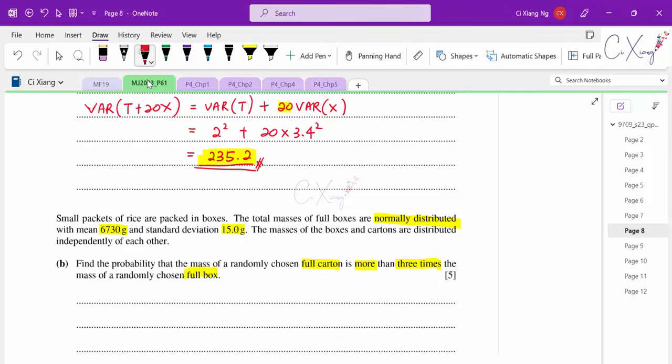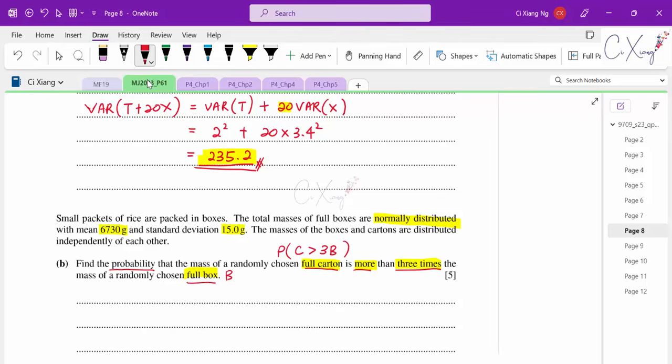When they ask us to find the probability, that means P, the full carton, let's say I make the carton C. C means the total, the 20 large packets plus the empty carton. So C is greater than 3 times the mass of the randomly chosen full box, maybe I make it B. So it will be C greater than 3B. They want us to find this probability.